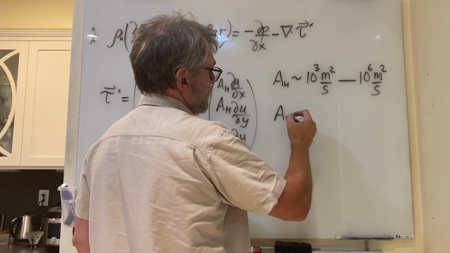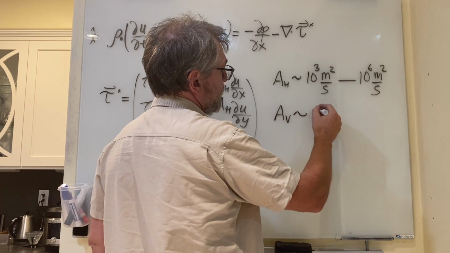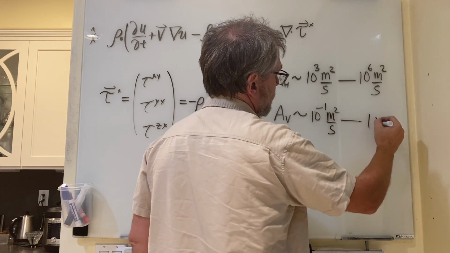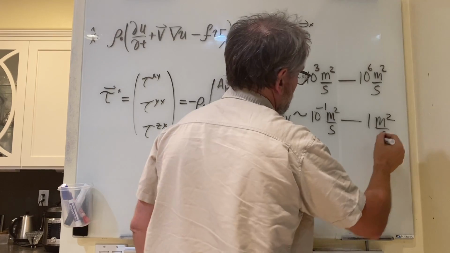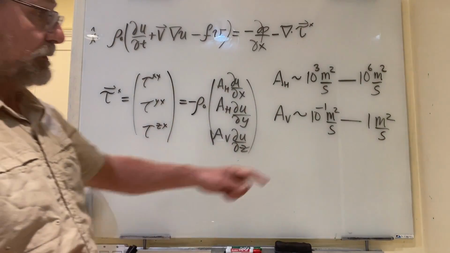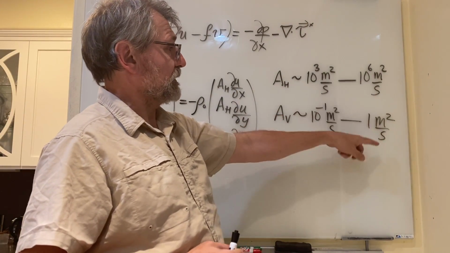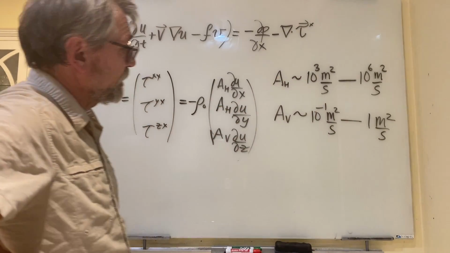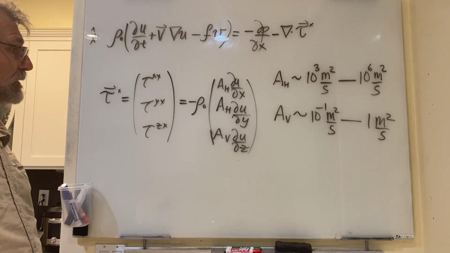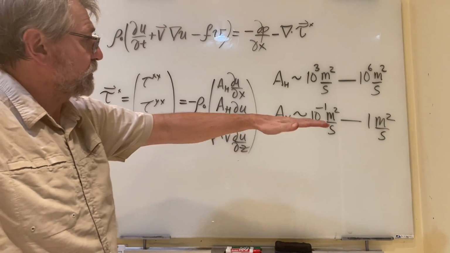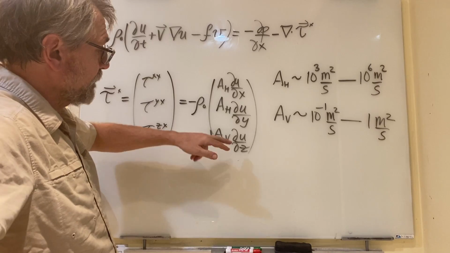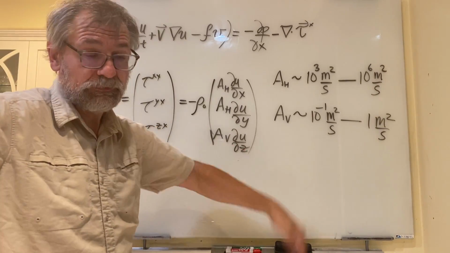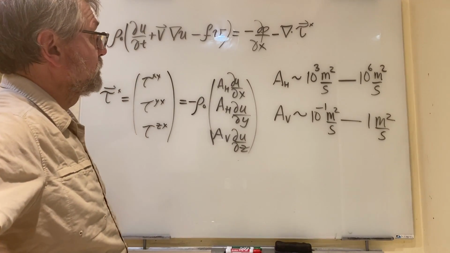AV, A sub V, is about 10 to the minus 1 meters squared per second, all the way up to maybe 1 meter squared per second. So there's maybe a factor of 10 to the 6 difference at the high end, and maybe 10 to the 4 at the low end of these diffusivities. So horizontal are much more important, but at the same time, these vertical scales are much smaller, and so you don't have to mix things as far in the vertical.